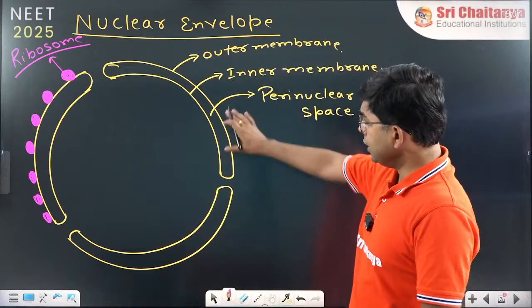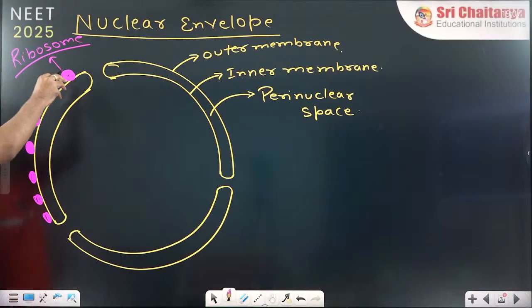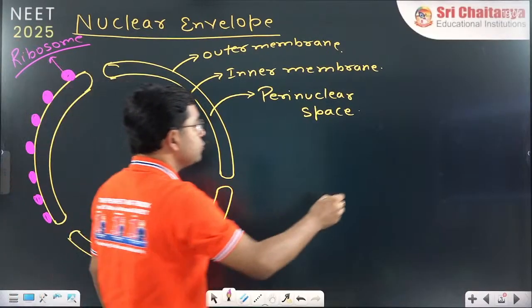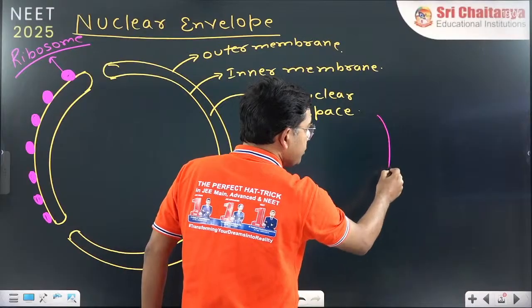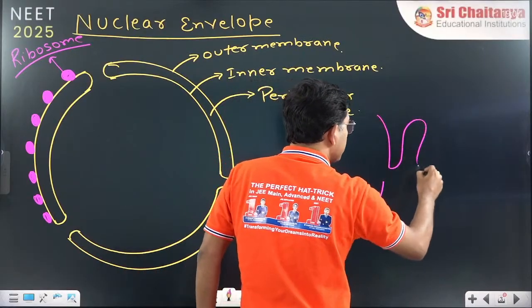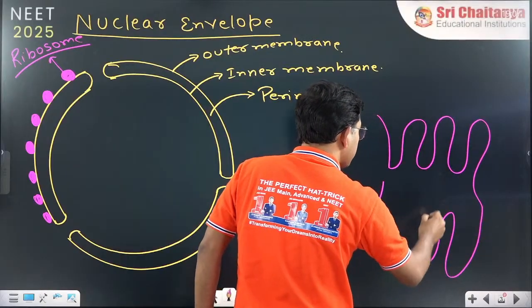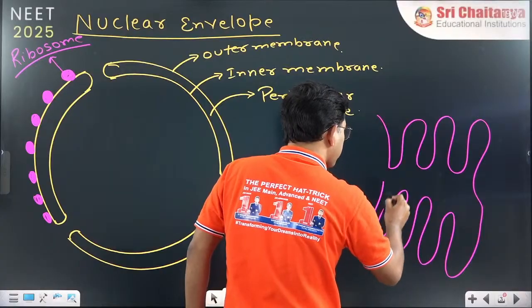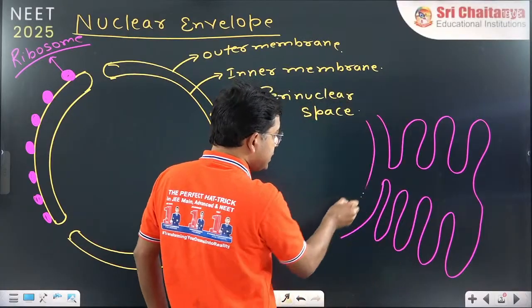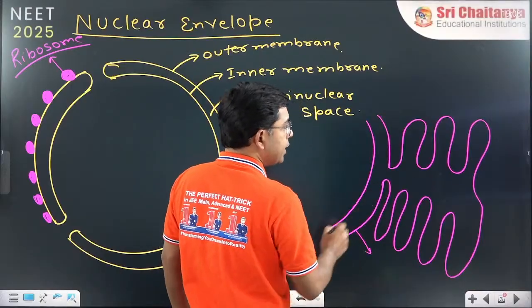See, the ribosome is present on the surface, but continuous means what? Let's say this is the outer membrane, and the endoplasmic reticulum is present like this. So this is the nuclear membrane and this is the endoplasmic reticulum.